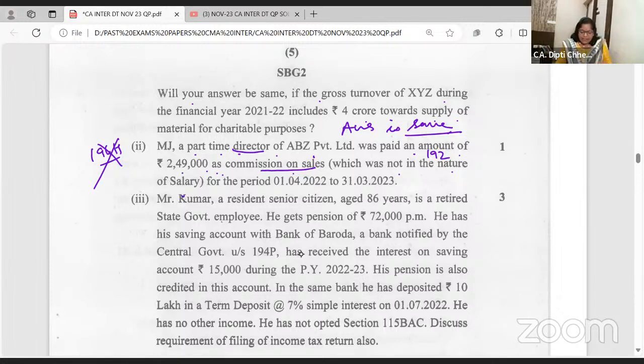He received it as a director. Do you remember which provision is applicable here? 194J, professional payments. And the 30,000 limit is not there for director's payment in 194J. So how much TDS will we be deducting here? 10%.